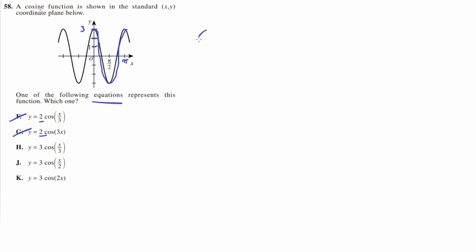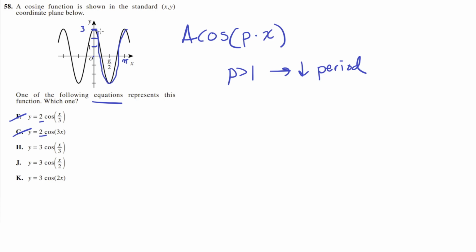Now, in a cosine equation, when we have the amplitude times cosine, and then some number times x, when this number is greater than 1, we are decreasing the period of the graph, meaning the graph would get expanded.